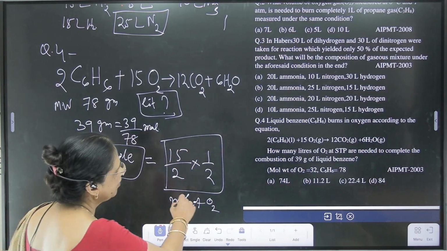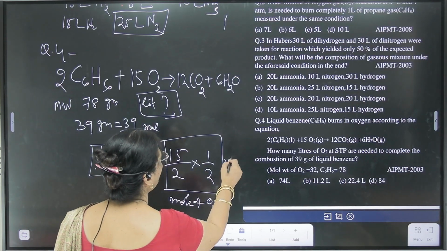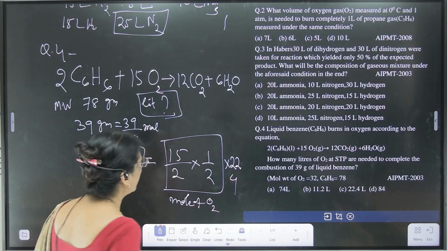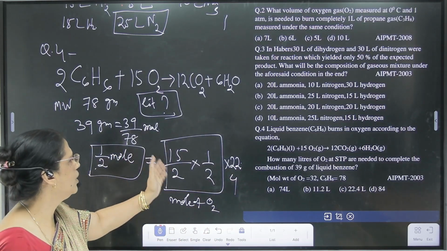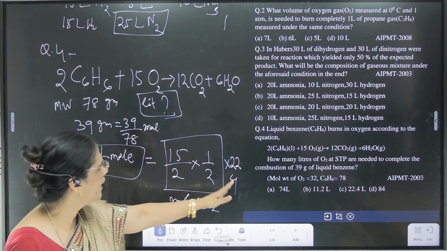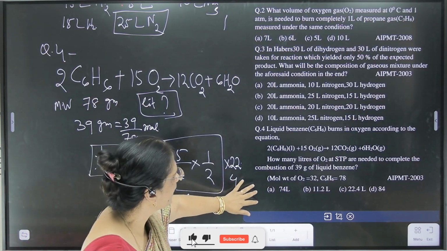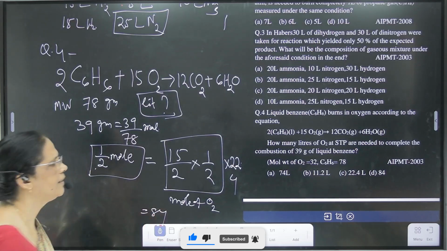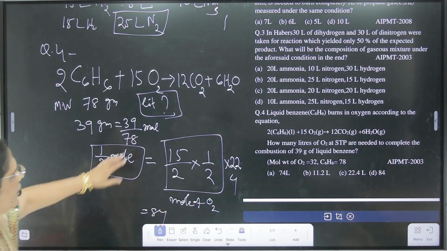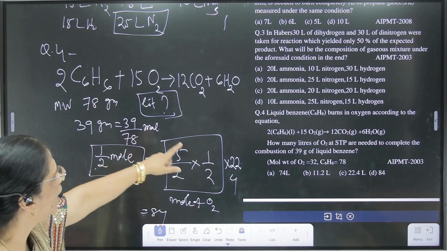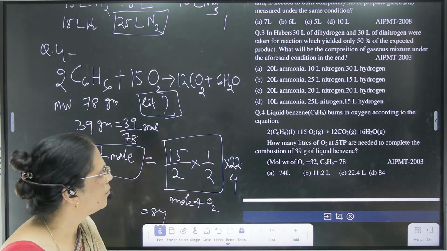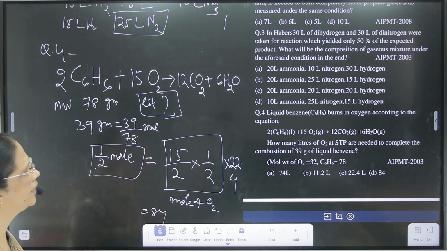Now 1 mole of oxygen is equal to 22.4 liter. Now this mole of oxygen will be equal to how much? If you see the calculation, you will get 84 liter of oxygen. So your 39 gram of benzene will consume 84 liter of oxygen at STP for complete combustion.